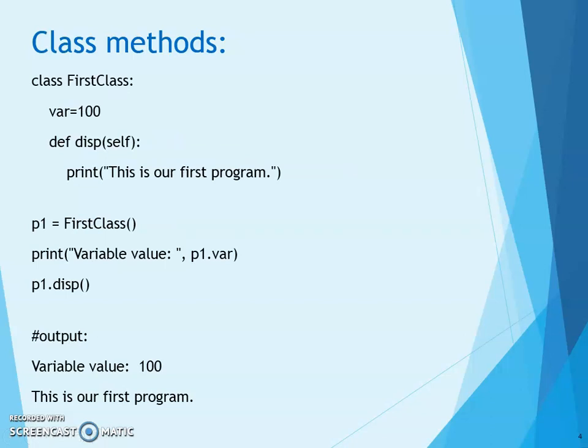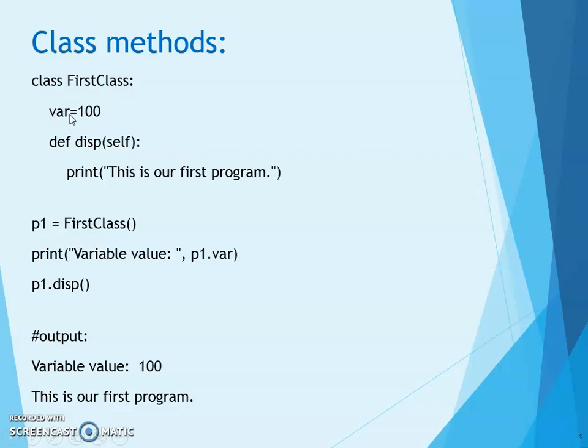Here is one more example. In the same program, one more variable is used, that is VAR equal to 100, and then the same method is defined with the self argument. Once we create the object of this class, now we want to print this value.